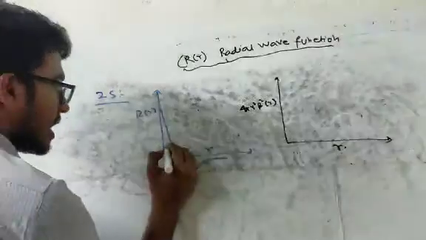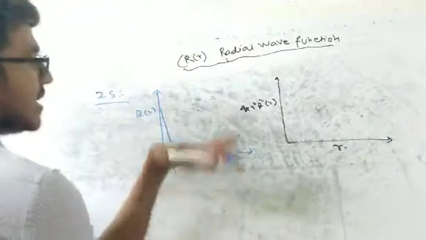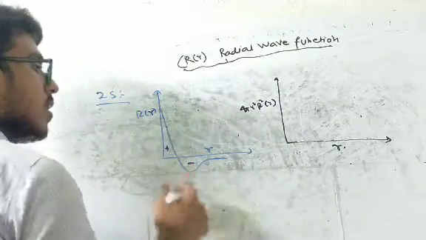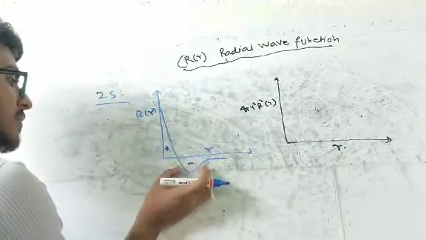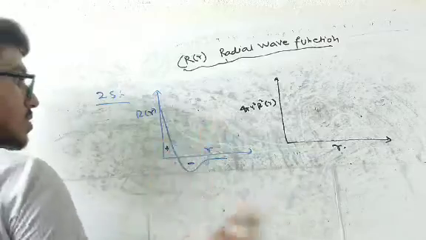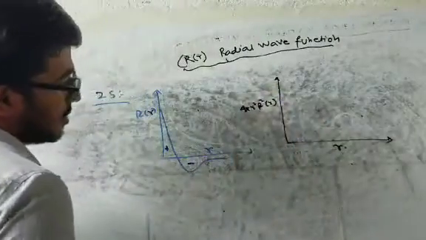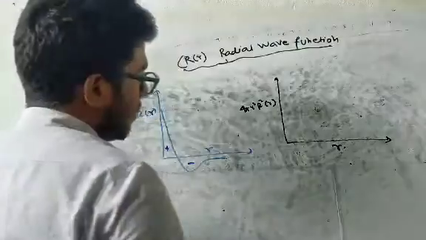Now look at this equation. Here the phase is plus and here the phase is minus. But when I square the radial wave function, this negative part also becomes positive. So in this graph of 4 pi r square into the square of the radial wave function, there is no negative region.